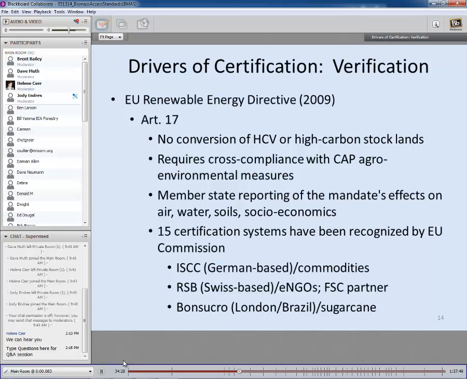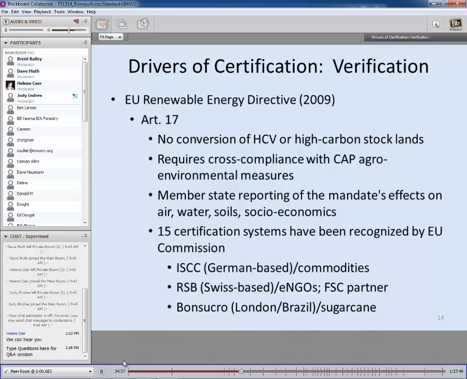For example, no conversion of high biodiverse lands where by law species are protected, like under the Endangered Species Act, or high carbon stock lands, because one of the great motivators behind bioenergy mandates to begin with is replacement of high GHG value fossil fuels with biofuels. And so they want to prevent the conversion of high carbon stock lands. This would be contrary to the intent of the mandate to begin with.